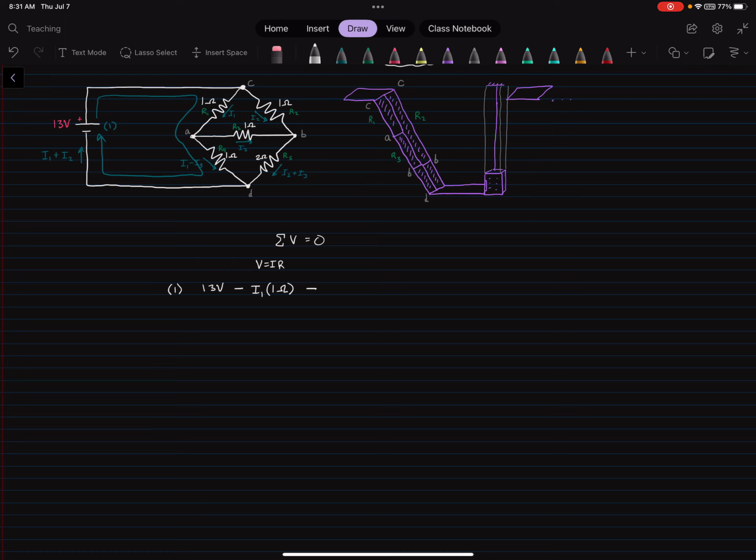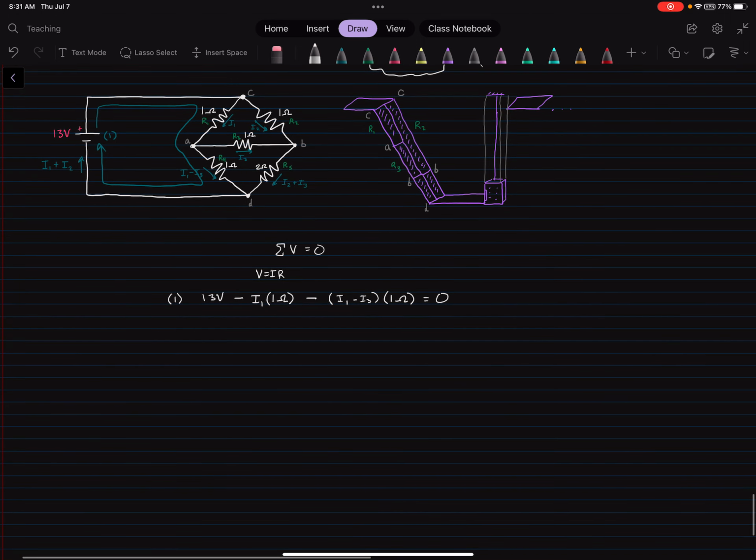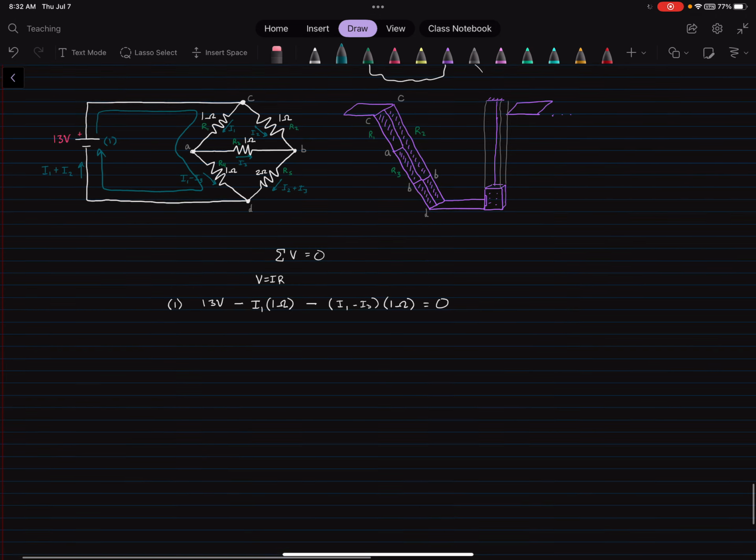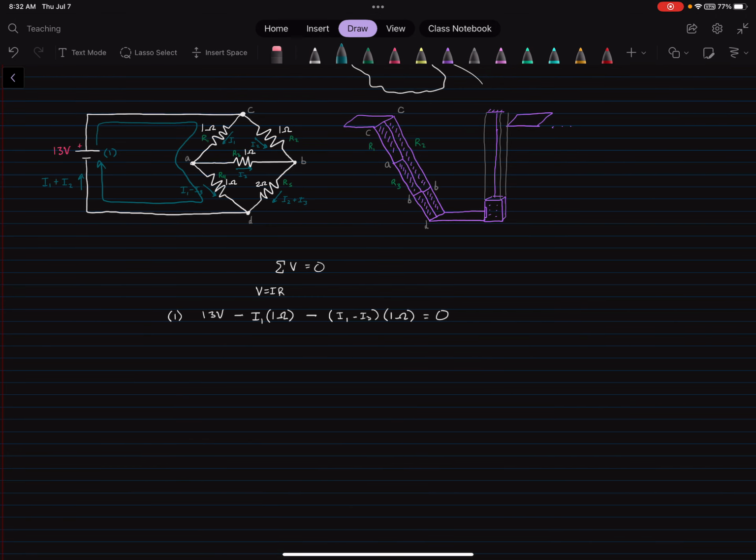It's not a source of EMF, it's dropping, right? And then we have the current through the second one is I1 minus I3 here, times, again, 1 ohm resistor. And that must equal 0. Yeah?